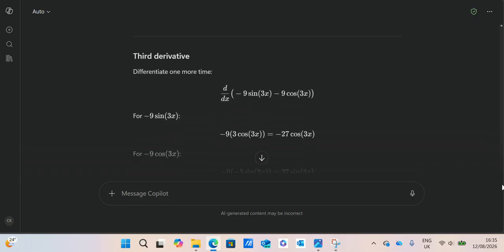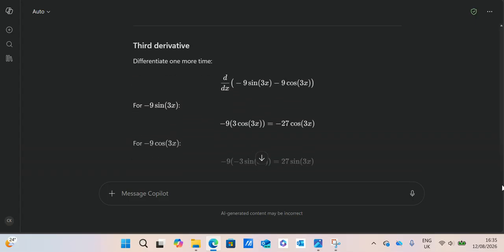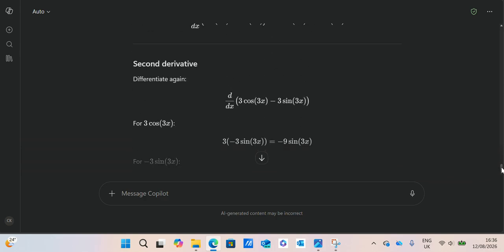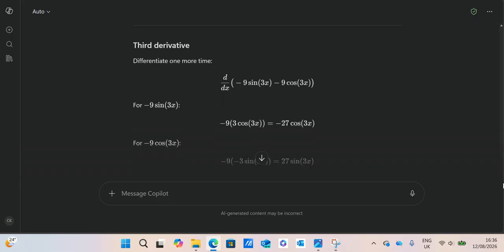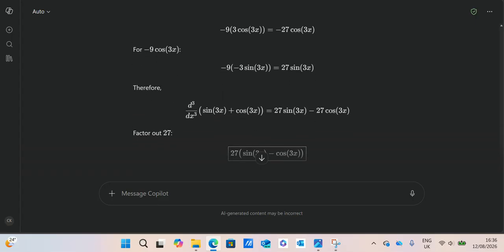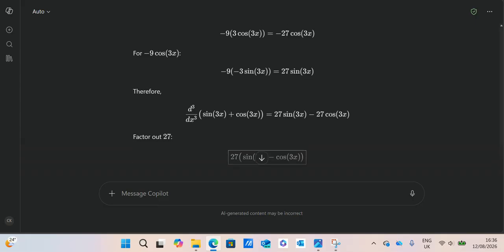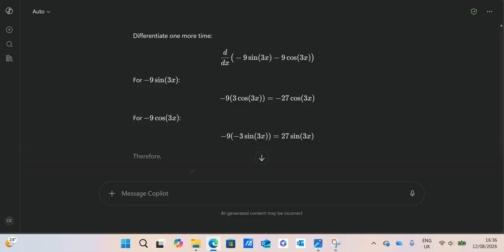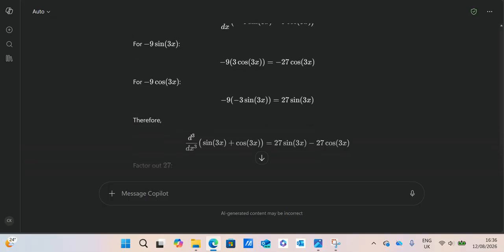Okay, third derivative. So I've lost my cursor again. Minus 9 sine, minus 9 cos.